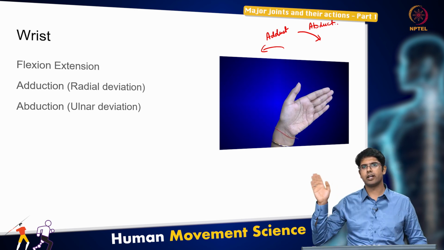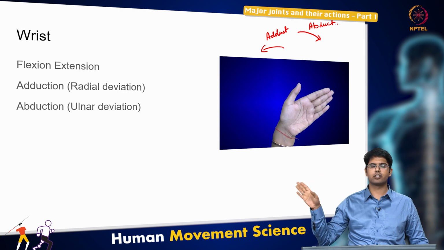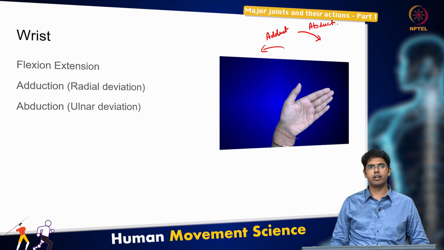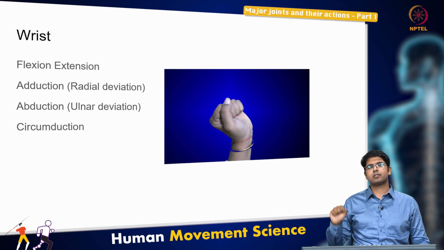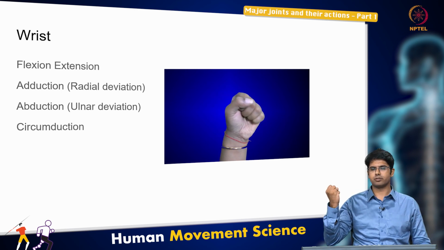So when you're saying hi to someone, that's a combination of abduction and adduction, which are technically referred to as ulnar deviation and radial deviation respectively. And if you combine all of these, you can get a circumduction or a rotational motion possible.